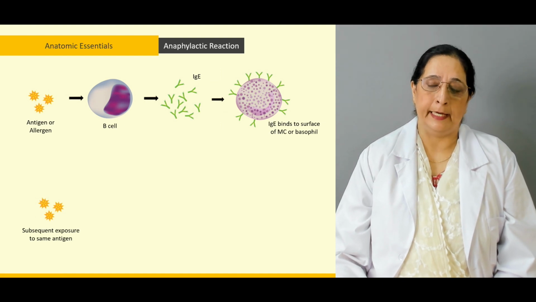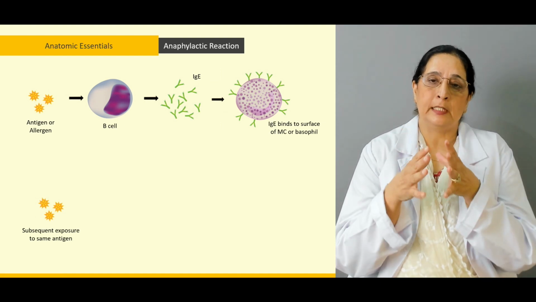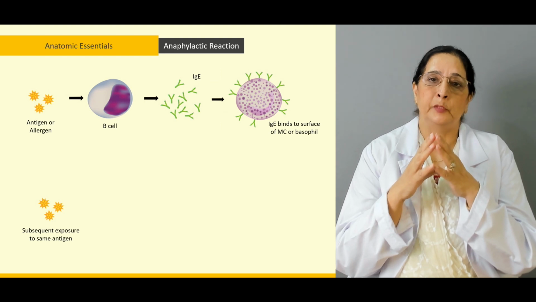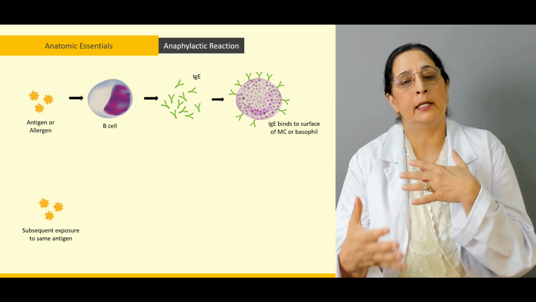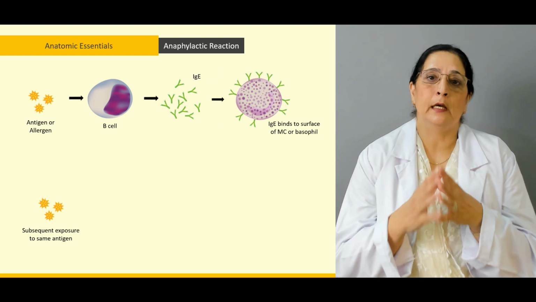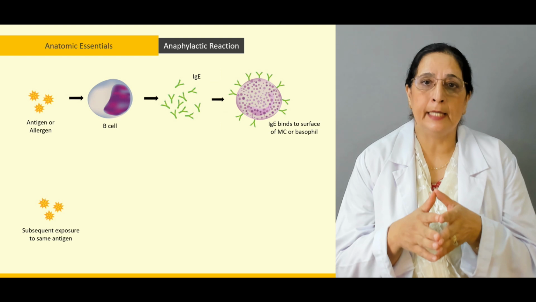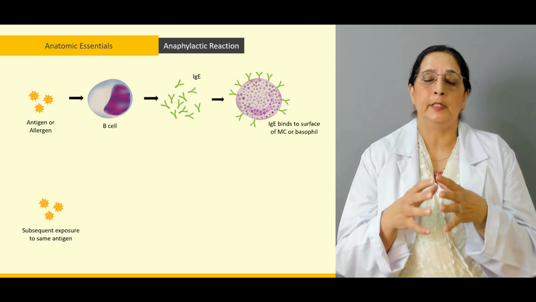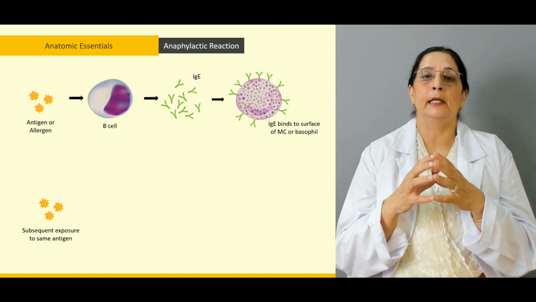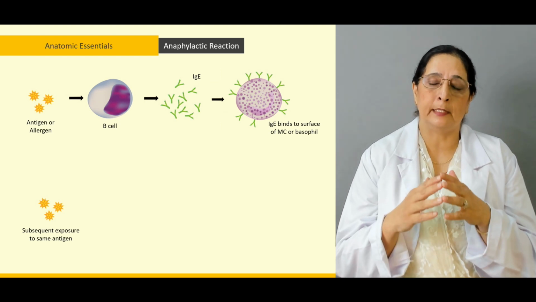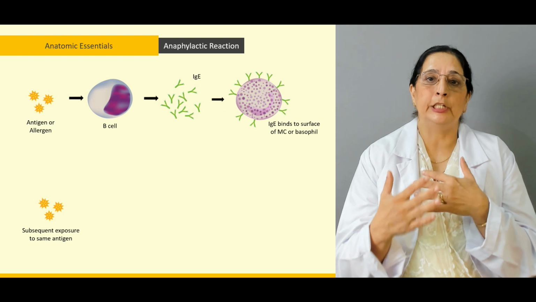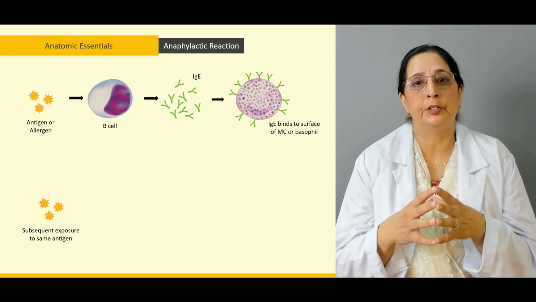Next, first there is exposure to the antigen, and as a result of that exposure, IgE antibody is produced. Now the person has IgE antibody present in the system against that antigen the person is allergic to.